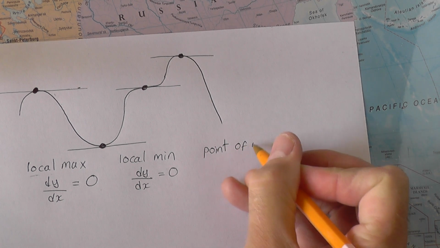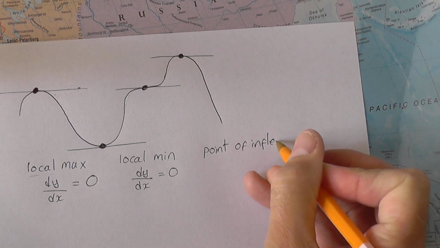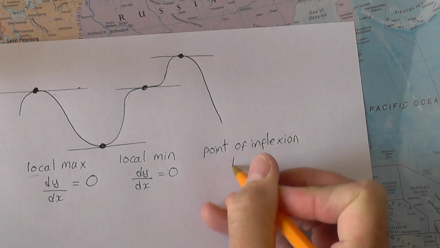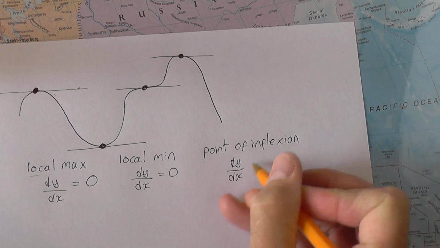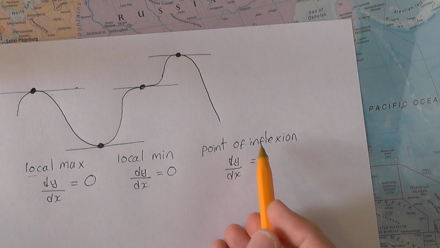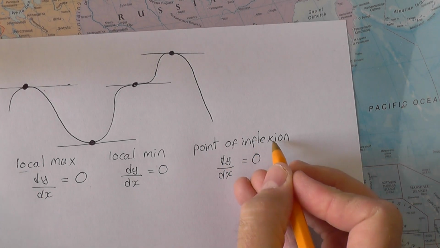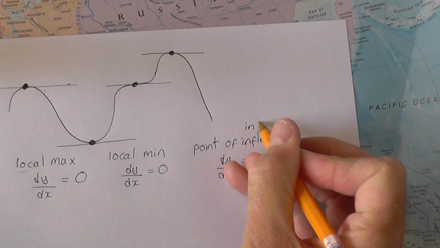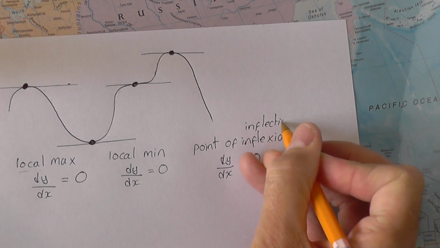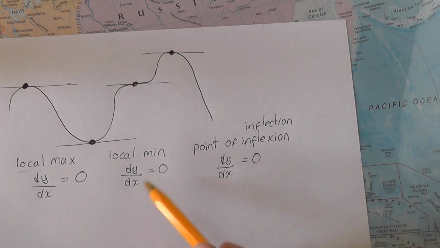Let me just write this down. Once again, it would be a stationary point, so dy by dx would be equal to 0. Notice inflection sometimes is written with an x and sometimes it's written with a ct. It doesn't really matter. I think one's an American spelling, but either is acceptable.